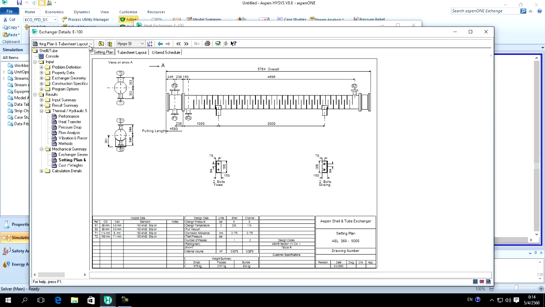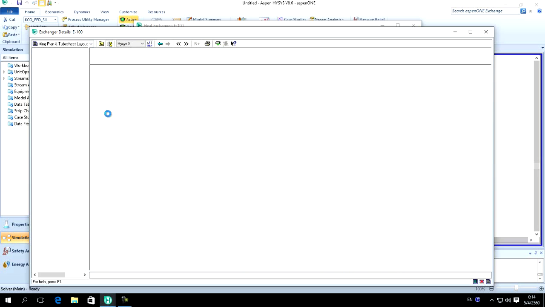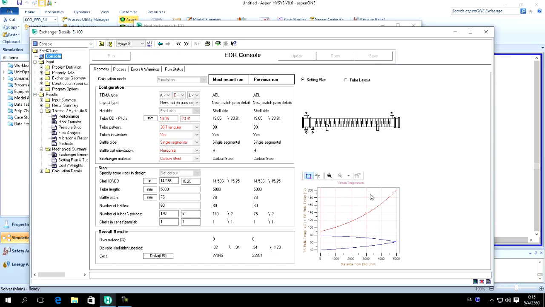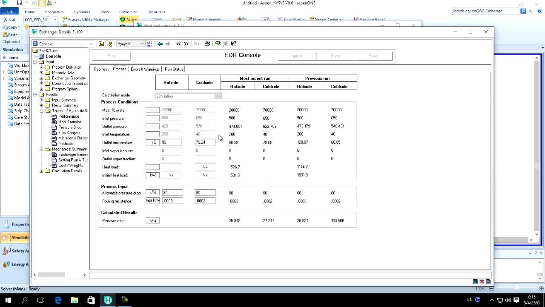Okay, I think that's all. You have to turn in this graph as well, so you can know that the temperature of the cold stream starts from 40 degrees Celsius, and then by exchange with the red line, which is the kerosene, this can be increased to about 78 degrees Celsius, and then the shell side decreases from 200 down to 90 degrees Celsius, as you can see from here.